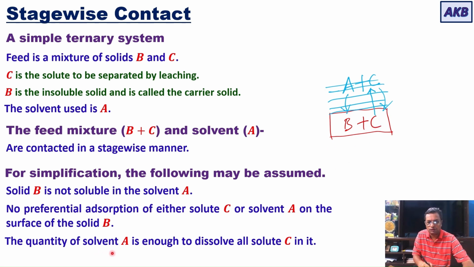So when the quantity of solvent is enough, then an equilibrium will be reached between the leaving solid and liquid phases, the solid and liquid phases that leave any stage in the operation. So the third assumption is that the quantity of solvent A is enough to dissolve all solute C.